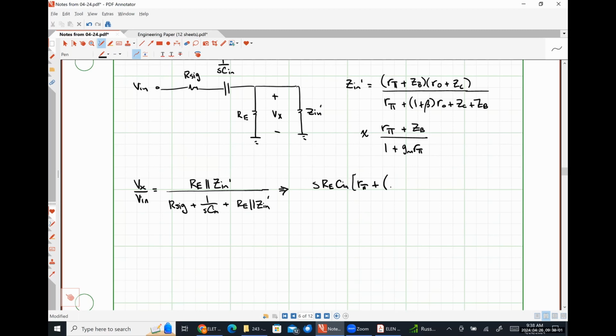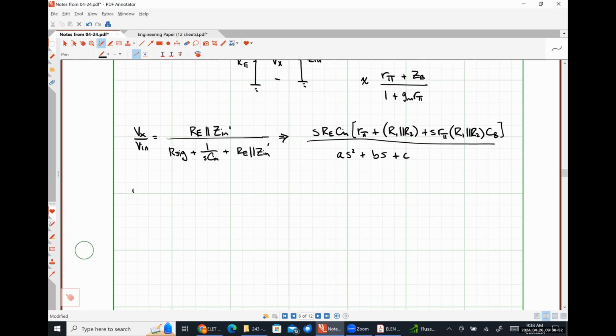times R pi plus R1 in parallel with R2, plus S times R pi times R1 in parallel with R2 times our base capacitance CB, divided by a second order polynomial A S squared plus B S plus C, where A is given by R1 in parallel with R2 times R pi times R sig plus RE, plus 1 plus gm R pi times RE times R sig.